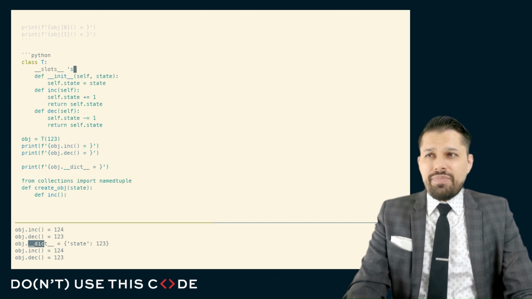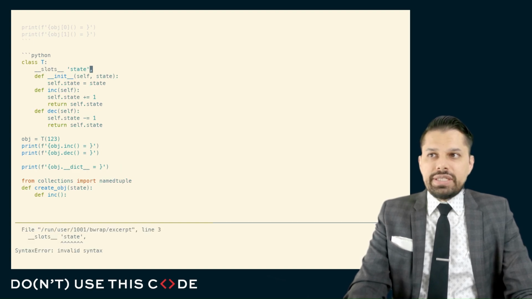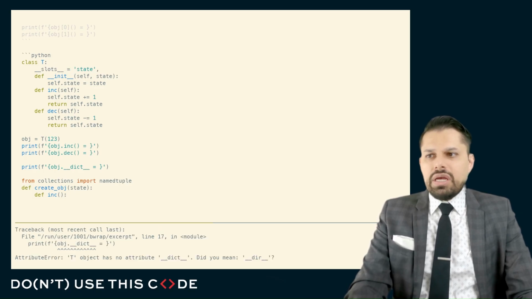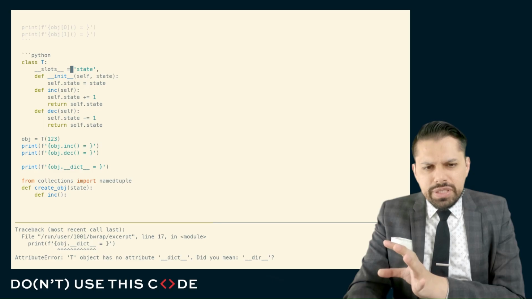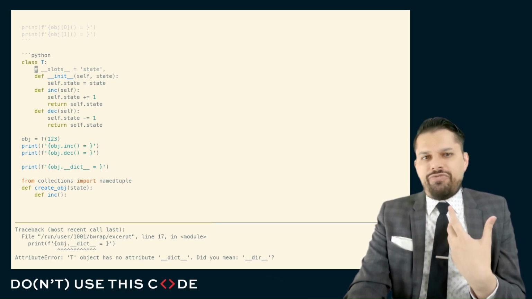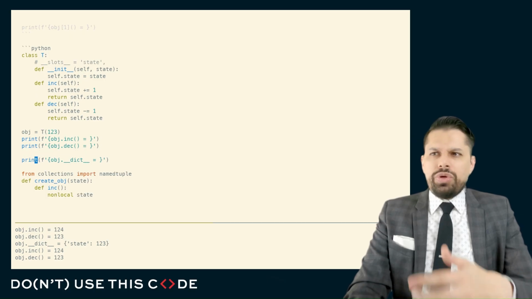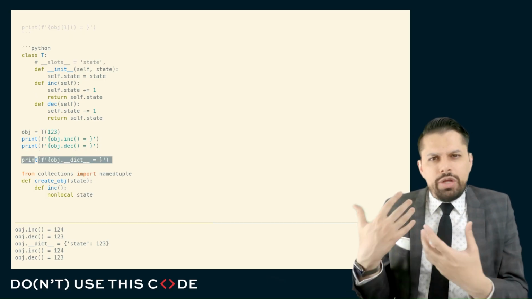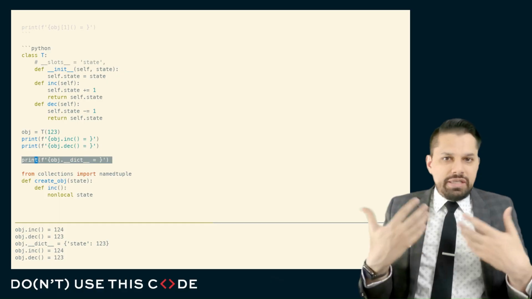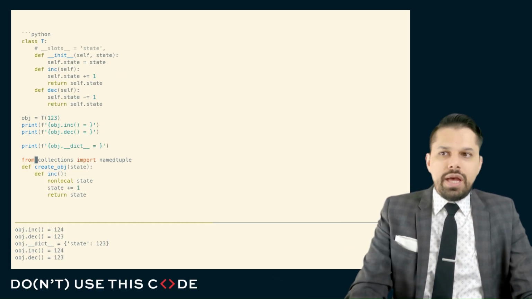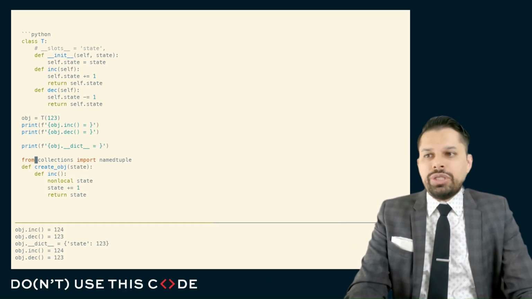We could have something with slots, and in the presence of slots, we no longer have that field. But this is really just an optimization that doesn't really affect the semantics. It's definitely the case that we don't want to ever do anything with this dict because we don't know if it's going to be present or not. But we can see that this is some detail of how this object is being represented internally to the interpreter.